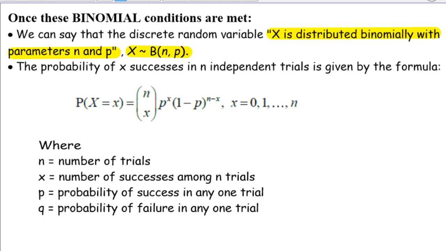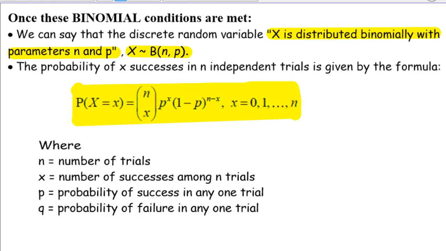If those conditions are met, the probability of x successes in an experiment of n independent trials is given by the formula: probability x is equal to x will be equal to that. Now this formula here is in your formula booklet.